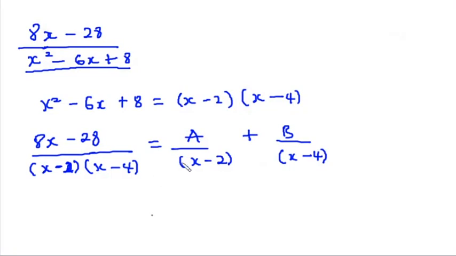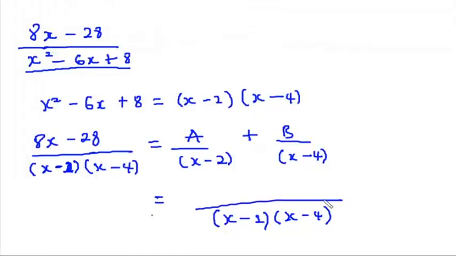Okay, so let's expand this part of the equation. Let's make it to this form. So this should be equal to the LCM of here and here, so this will be (x minus 2)(x minus 4).